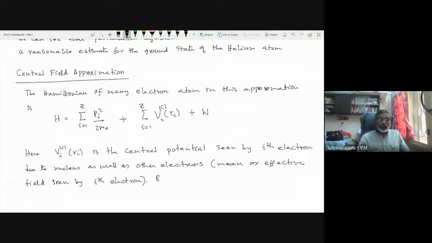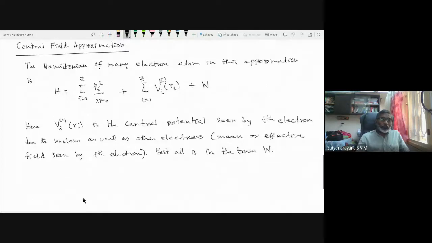The rest is all in the term W. In the first approximation, we ignore W. So if you ignore W, then your H can be now written as the sum over i equal to 1 to Z of H_i.